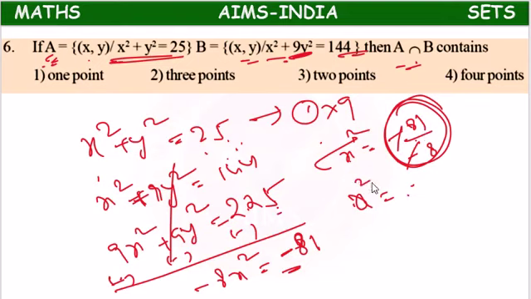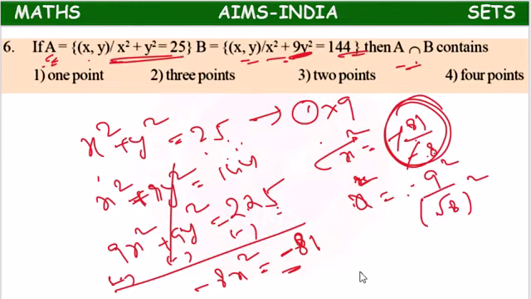x square is equal to 81 by 8, which means x square equals 9 square by root 8 whole square.